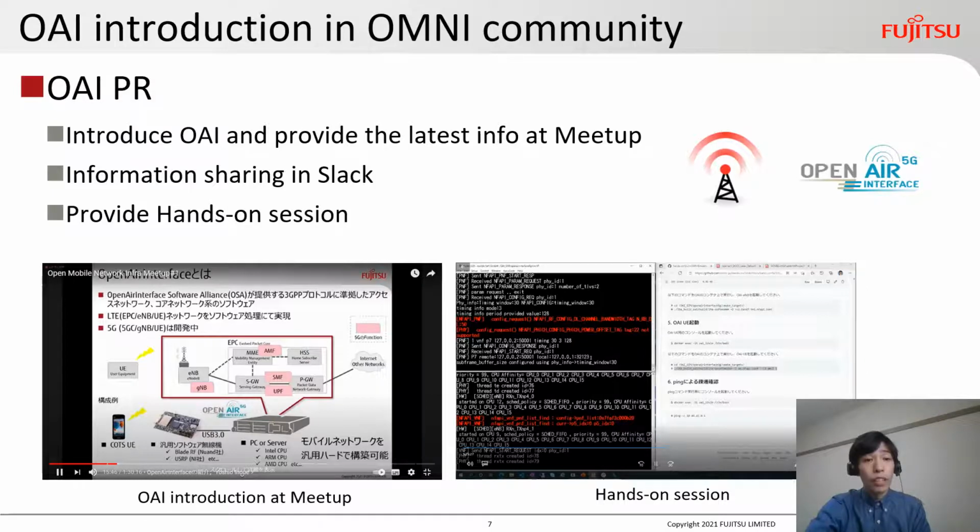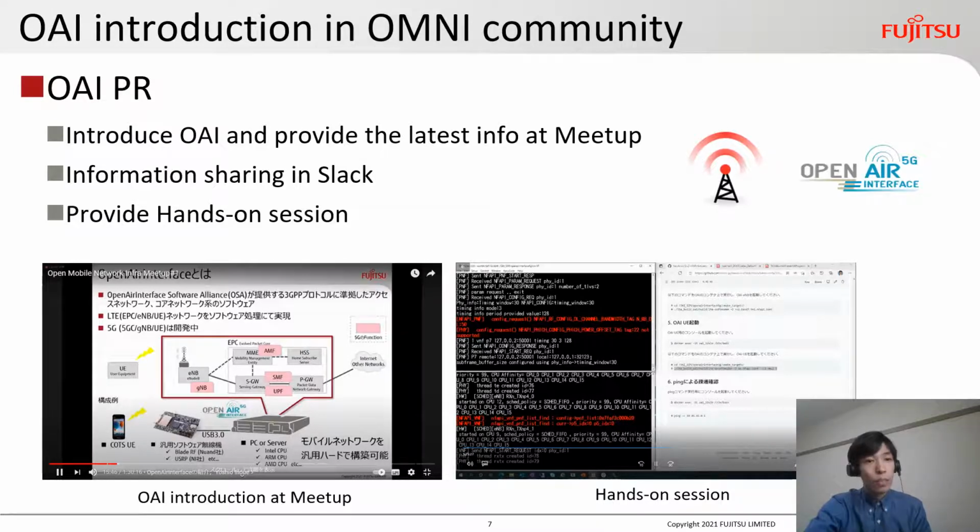The screenshot on the left shows the introduction of OAI at a Meetup event. In this event, we shared OAI introductions and information in Japanese. Additionally, we held an OAI hands-on session to let participants run OAI on their PC.